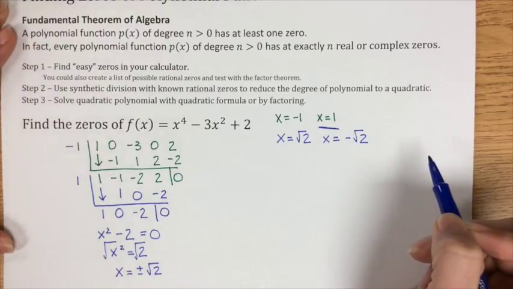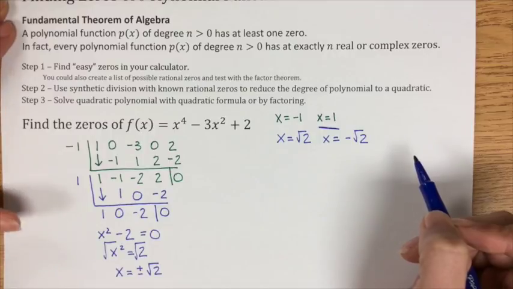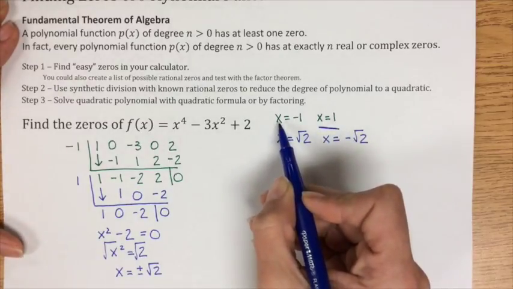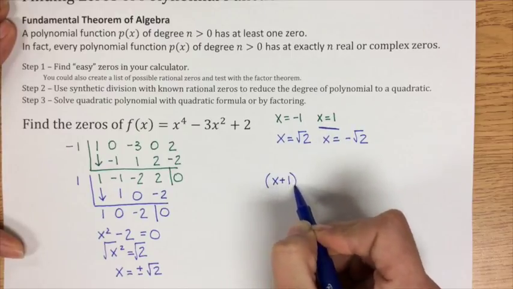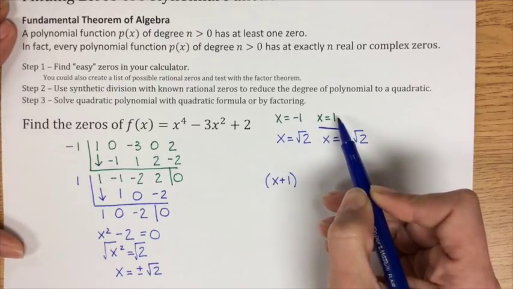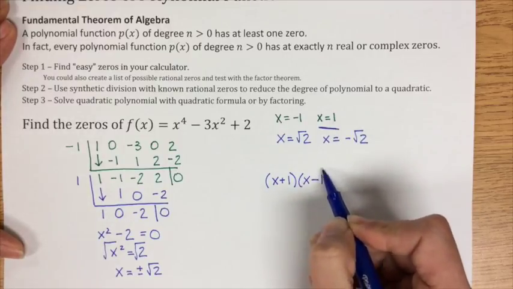If our question wants us to write as a product of factors, we can also do that. So we can turn x equals -1 into a factor, and that is x plus 1. We can turn x equals 1 into a factor, and that would be x minus 1.